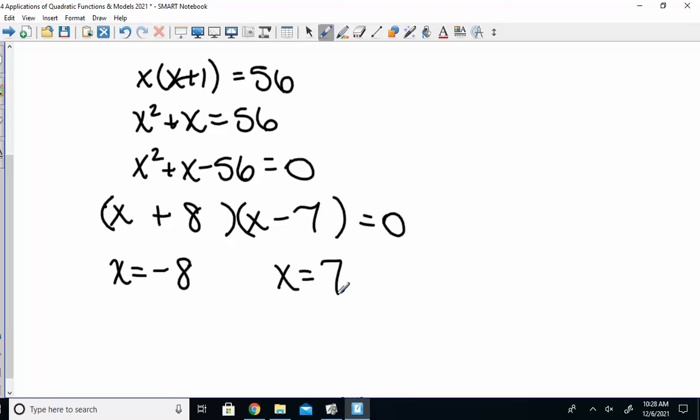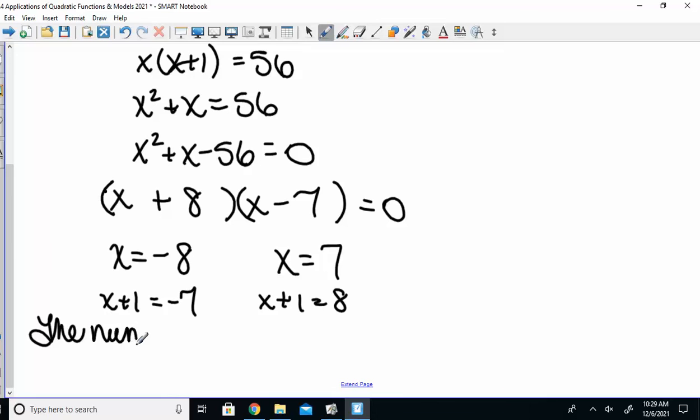No. If the first one is negative 8, the second one we said was x plus 1. So what would x plus 1 be? Negative 8 plus 1 is negative 7. If the first one is 7, x plus 1 would be 8.